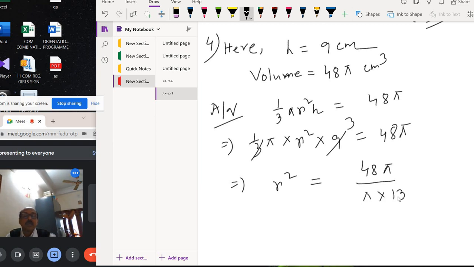Pi cancels. 3 and 48, 16. So r square equal to 16.